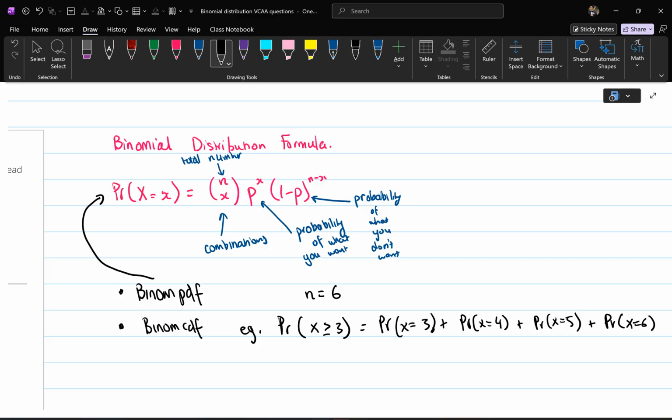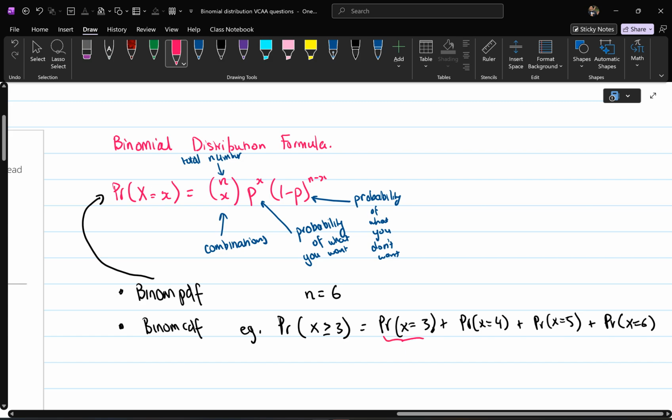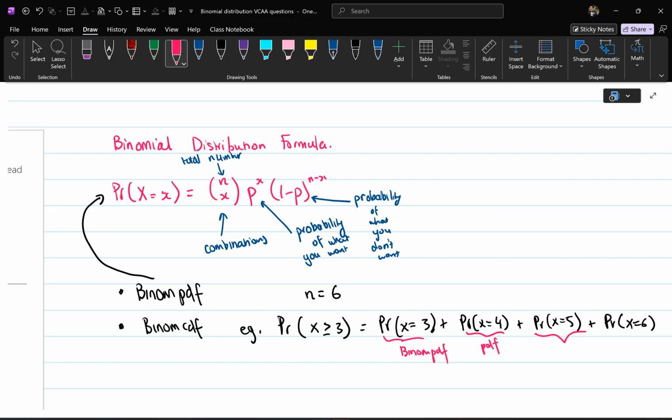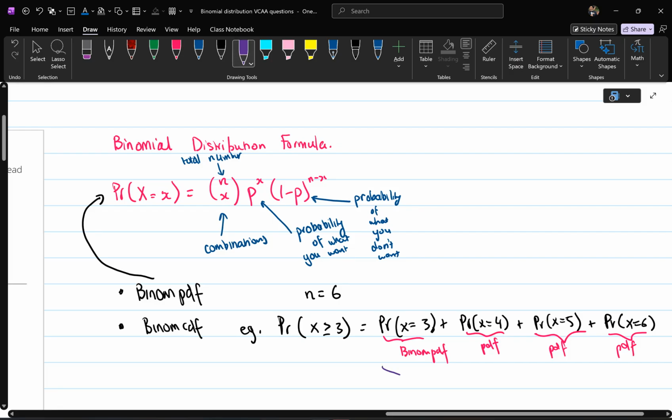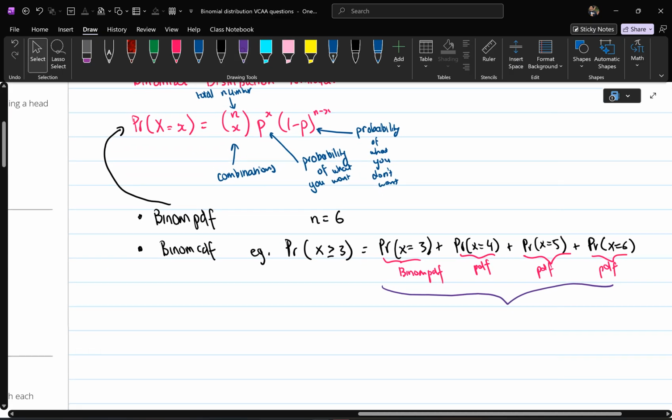That means there are 4 binomial PDFs you have to do. It takes too long. You would do binom PDF for each one and then add them all together. That takes too long, so you can do it all in one go and just type binom CDF.